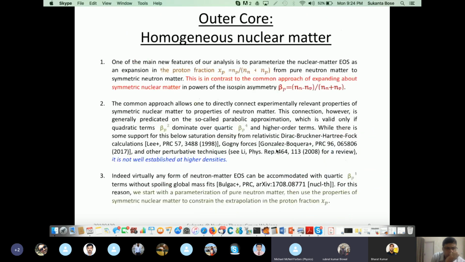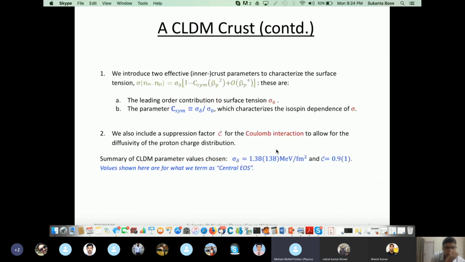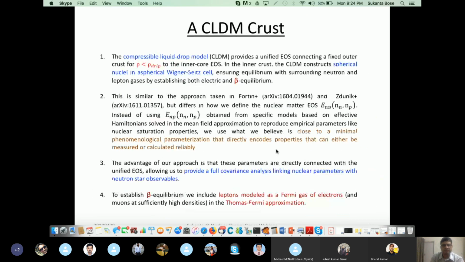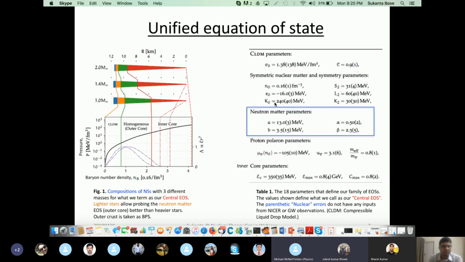Correct. So in the outer crust, we use the tabulated values from Baym, Pethick and Sutherland. In principle, the liquid drop model should give you some idea of that, but it misses shell corrections, etc. And so we use the tabulated data for the extreme outer crust. And then the CLDM, compressible liquid drop, once the nuclei start dripping out.